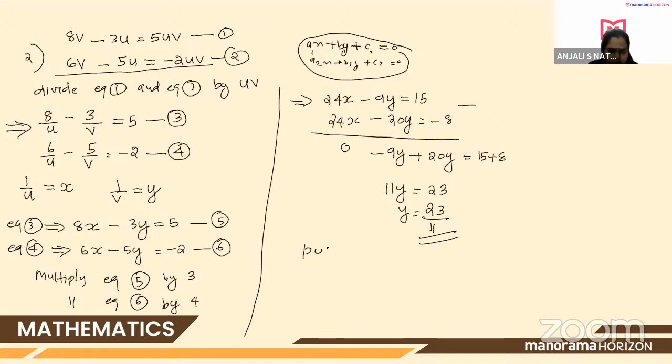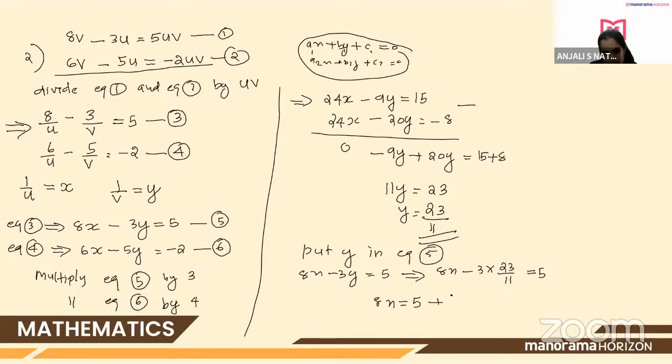So put y in equation 5. 8x minus 3y is equal to 5, which implies 8x minus 3 into 23 by 11 is equal to 5, and 8x is equal to 5 plus 69 by 11, and x is equal to 31 by 22.